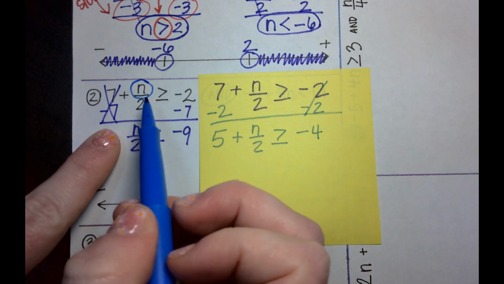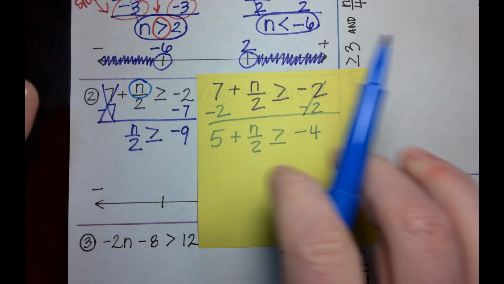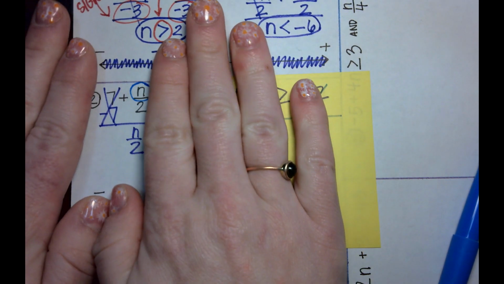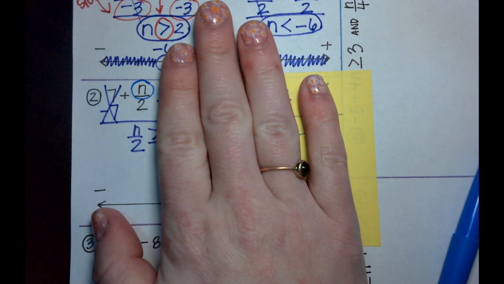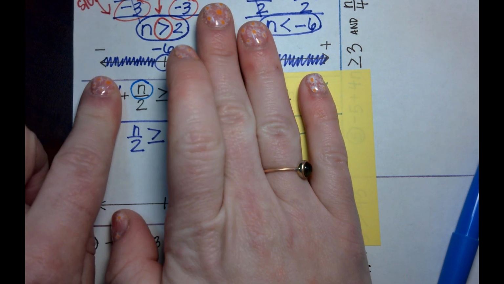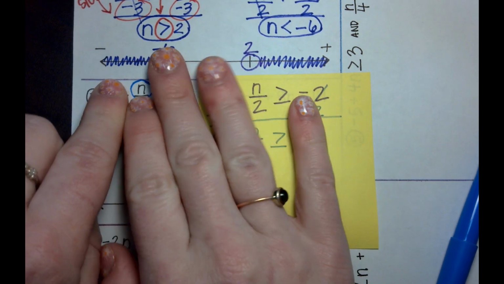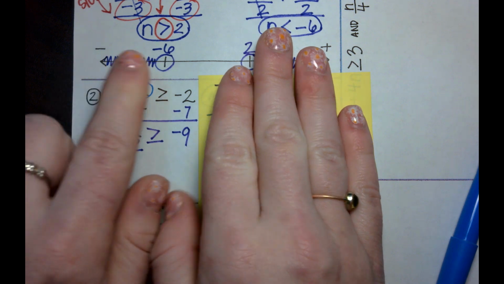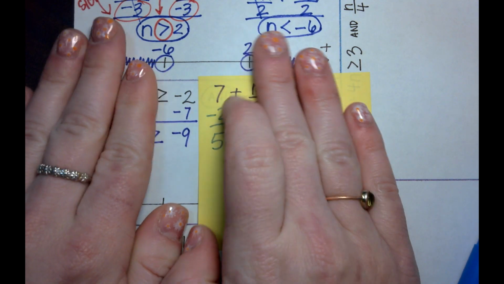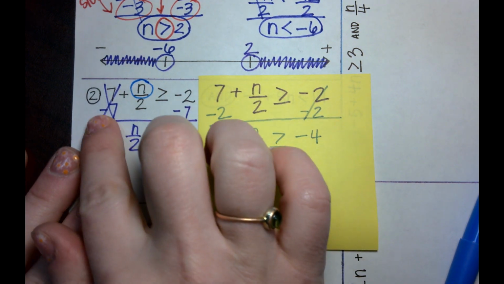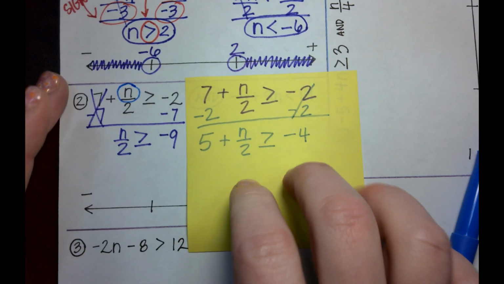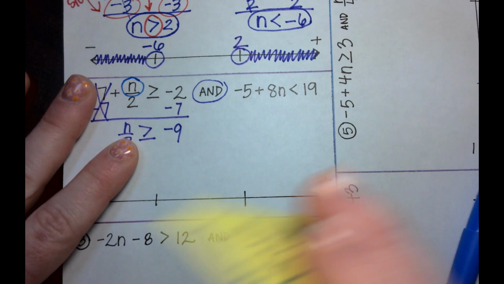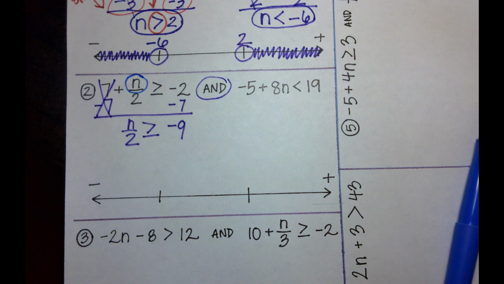So we're trying to get rid of everything that is with the variable. This side of my inequality is where my n is. I want to get rid of the 7 and the 2, so the n will be by itself. If I get rid of my -2, that doesn't help me get n by itself. So let's go back to where we were going. Does that make sense to everybody that we're trying to get n by itself?